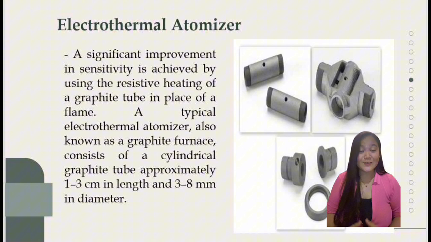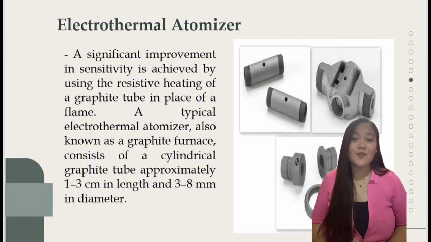Okay, next, the electrothermal atomizer. A significant improvement in sensitivity is achieved by using the resistive heating of a graphite tube in place of a flame. A typical electrothermal atomizer, also known as a graphite furnace, consists of a cylindrical graphite tube approximately 1 to 3 cm in length and 3 to 8 mm in diameter.